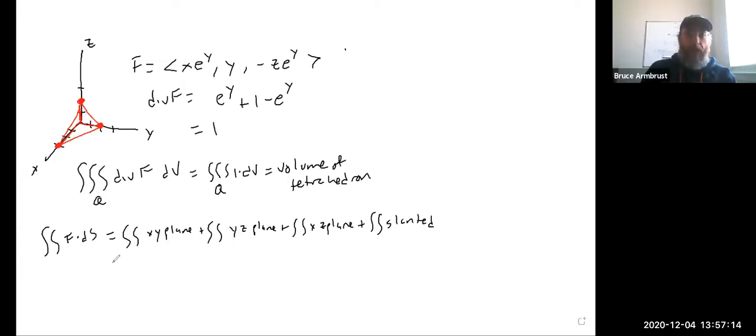So when I do the dot, this is going to be x e to the y, minus z e to the y, dotted with 0, 0, -1, and look at what's left in there. It's just z e to the y.